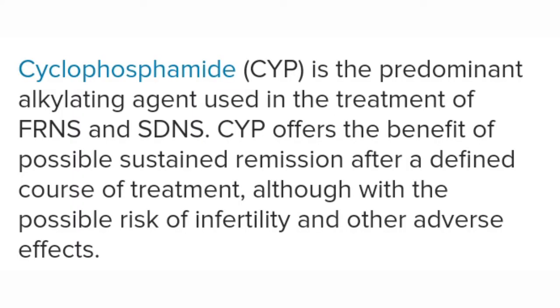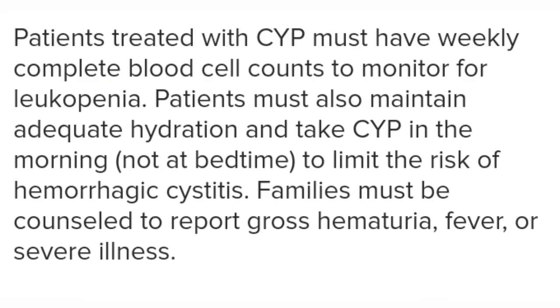The next drug is cyclophosphamide. It is a predominant alkylating agent. It is used in treatment of frequent relapser and steroid dependent nephrotic syndrome. The benefit is that we give it for a shorter period, and there is sustained remission after a defined course of treatment. The side effects are infertility and hemorrhagic cystitis, which are very common. Patients treated with cyclophosphamide must have a weekly complete blood count to monitor for leukopenia, which is one of the common side effects. The patient must also maintain adequate hydration and take cyclophosphamide in the morning, not at bedtime.